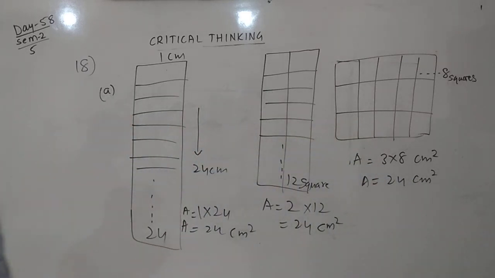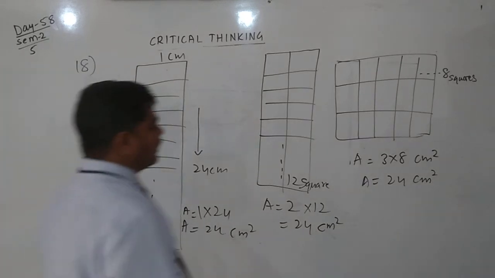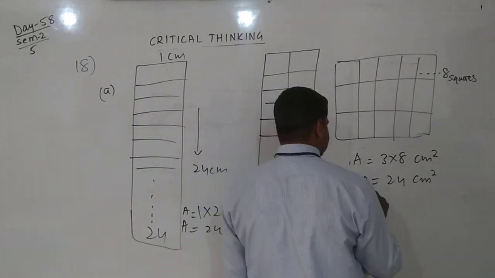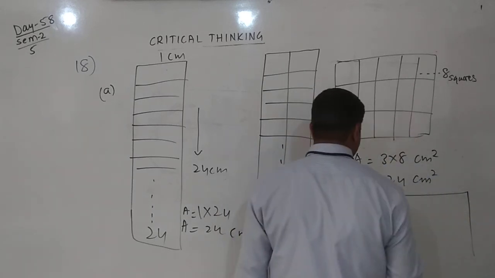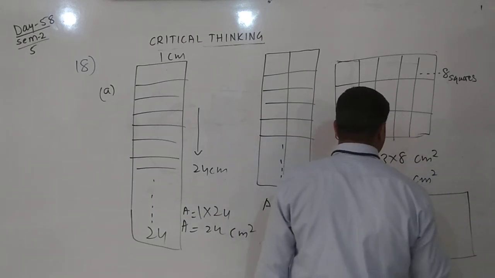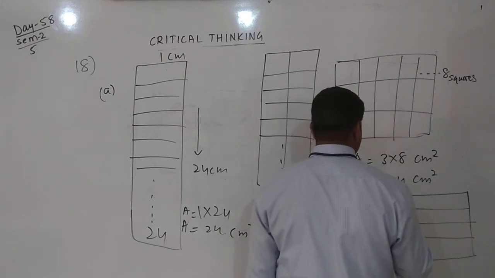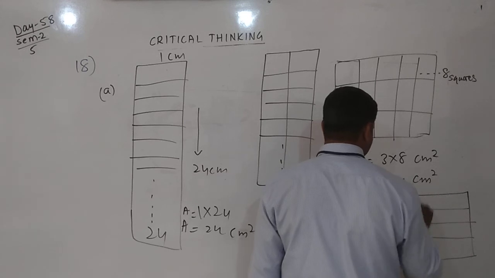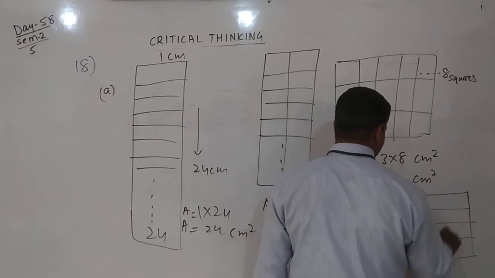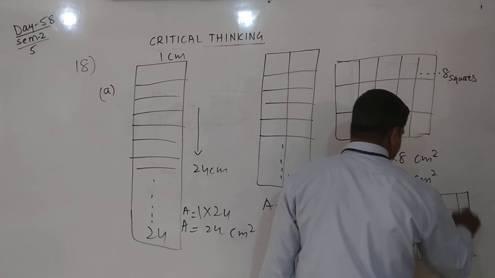After this, one more we can have, that is 4 into 6. 1, 2, 3, 4, and 1, 2, 3, 4, 5, 6.